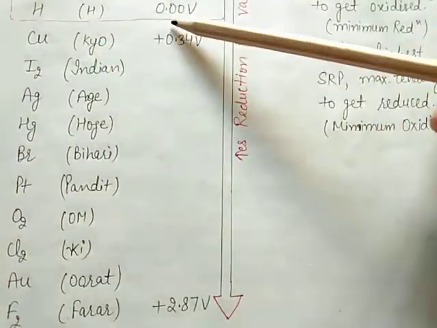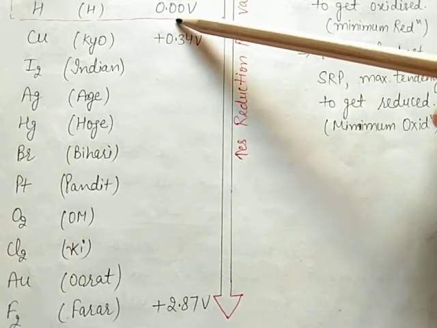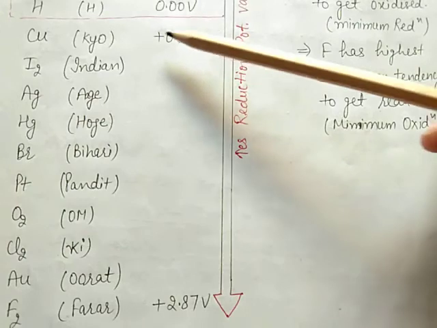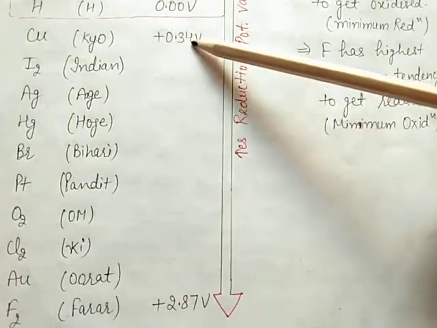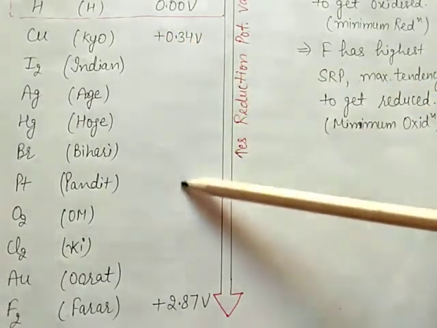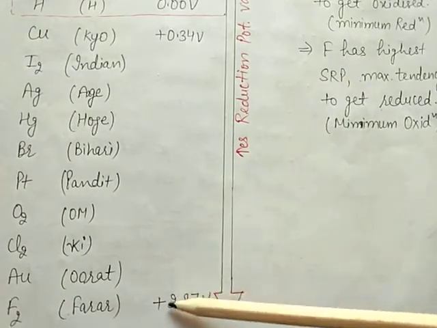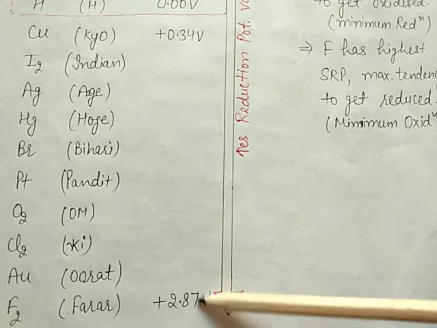Hydrogen has standard reduction potential of 0.00 volt, and after that plus values start, plus 0.3, 0.7, like this, plus 1, plus 1.1, 1.2, then the last is plus 2.87.